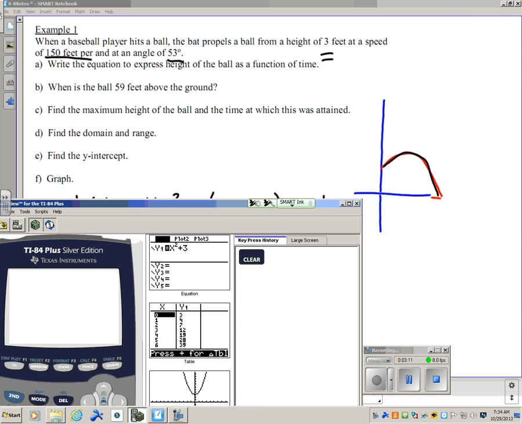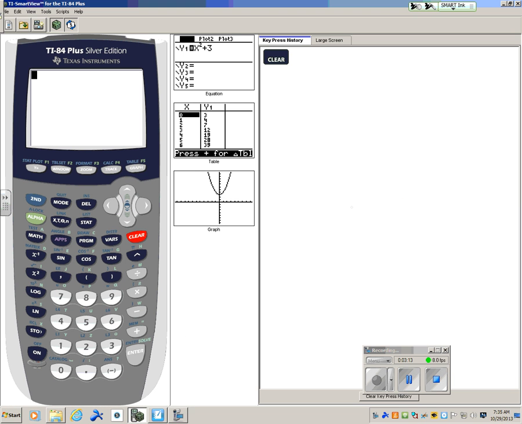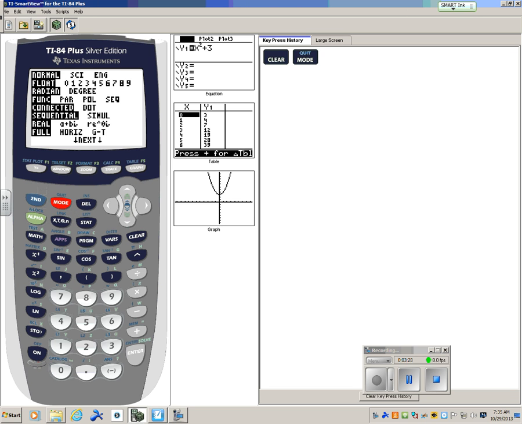To do something like that, I'm going to have to make sure that the mode of my calculator is in degrees. So I'm going to double check that mode here. Mine's in radians, and I'm going to switch that into degrees. Got to hit enter.